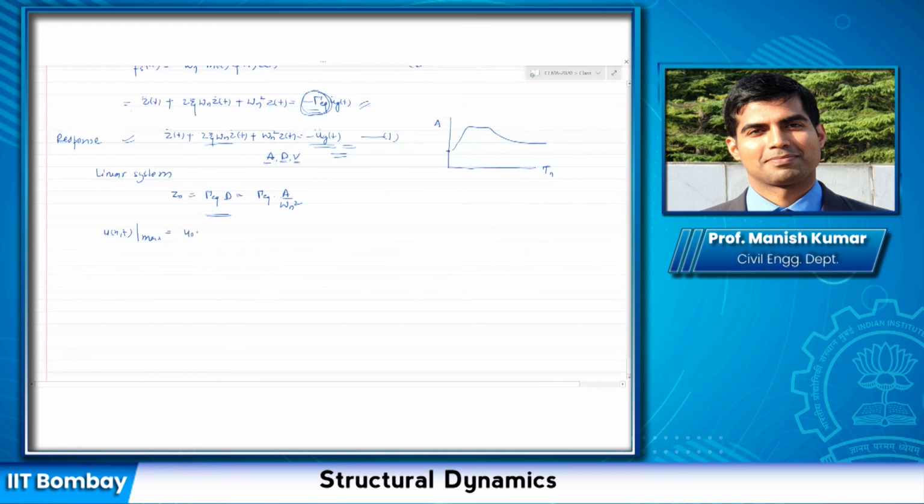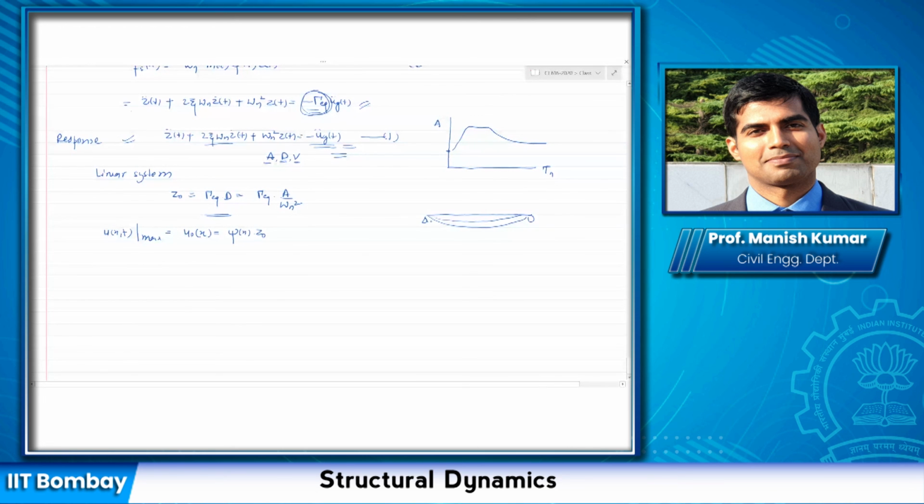So I have found the peak value of response in terms of time. If I multiply Z naught with the shape function, let us understand with respect to this beam here. It is like this at different instances of time, and at some instant of time, I know that Z naught is basically this.